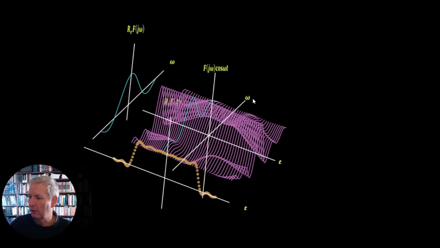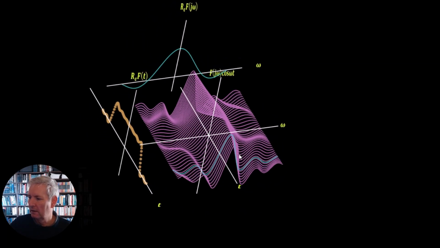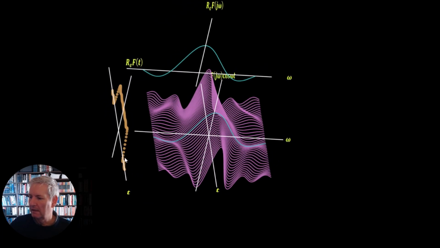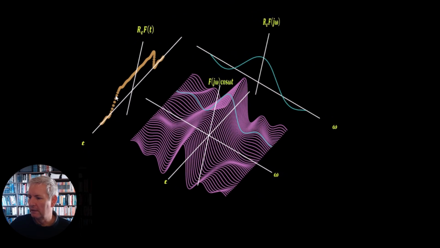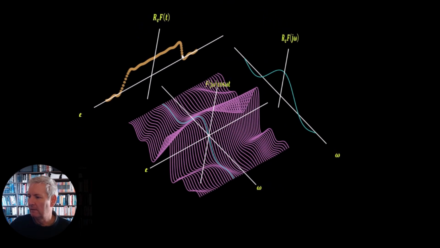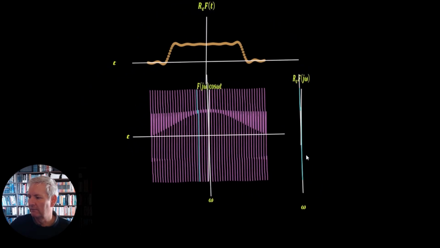And what we do is we work out the area under this blue function at each point, and we take that area and we map it onto the point here in the time domain, and this gives us the time domain equivalent of this sinc function.